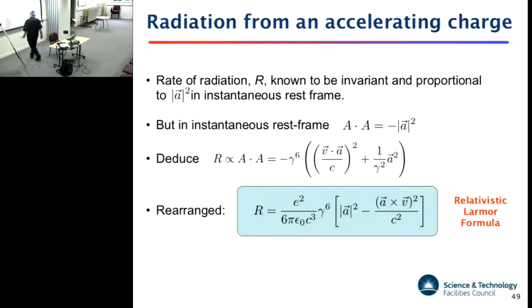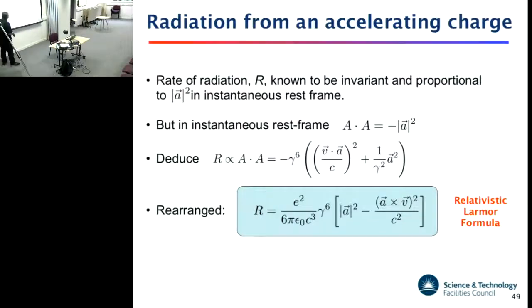If you wanted to know a squared, remember a dot a is an invariant. That is the acceleration you would feel if you were sitting on the particle itself, and you can work that out, and that then has a gamma to the 6. You're getting quite high factors of gamma.